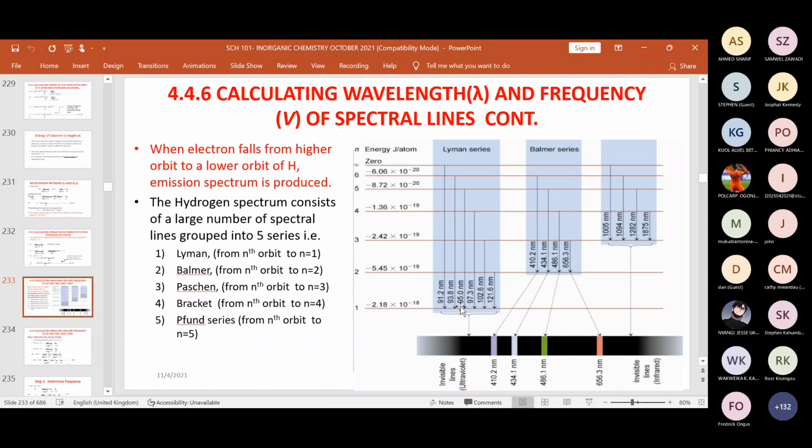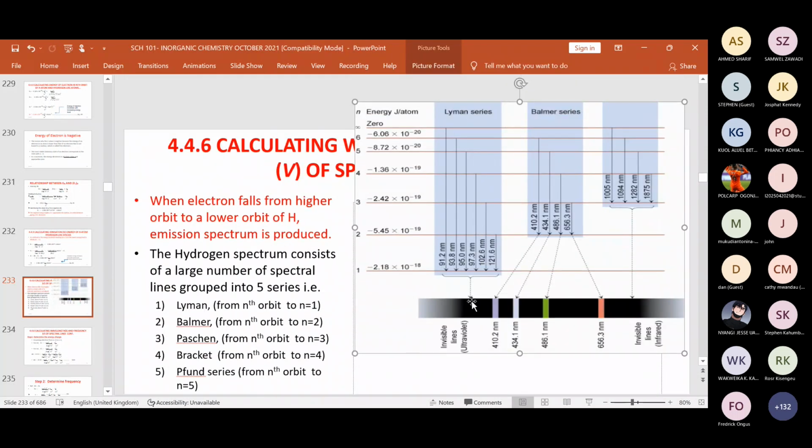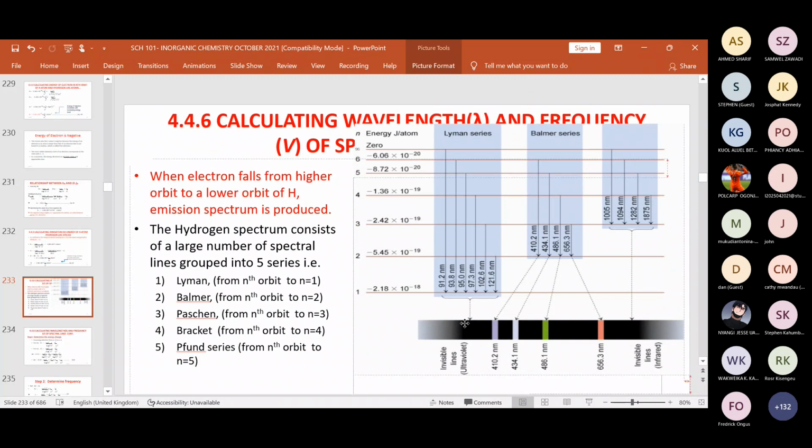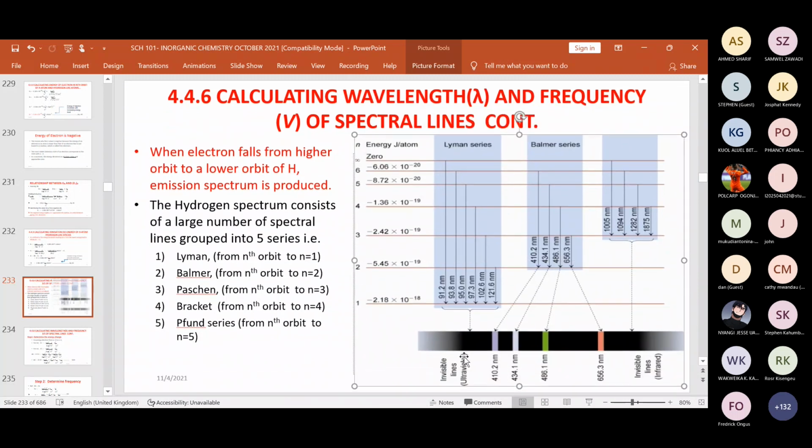In summary, the hydrogen spectrum consists of bands or series of wavelengths representing transitions of the electron from high energy to lower energy. We have a series of wavelengths when the electron is falling from high energy to energy level 1.